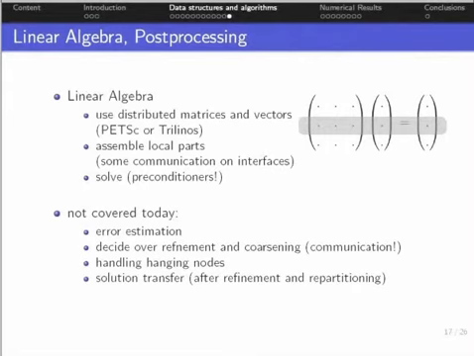Of course, if you do this octree-based refinement, you have hanging nodes, and you have to deal with them. In your linear system, you get constraints that some values depend on a linear combination of other values, and these constraints might form small chains.